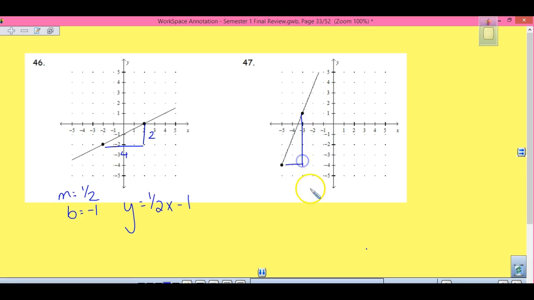This guy, rise, run. So my slope is 5/2. Do I know my y-intercept? No. Do I know a point? What point is this? -3, 1, so it needs to go into point slope.